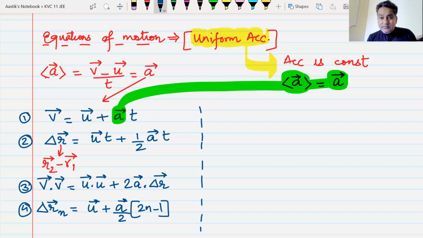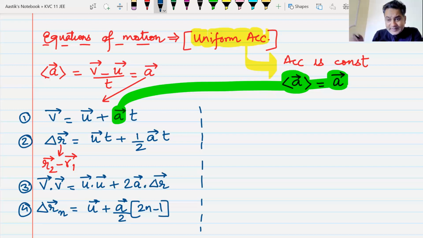But if it is motion in two dimensions, I will have to write two separate equations, one along x-axis and one along y-axis. If it is motion in three dimensions, then I will have to write three sets of equations, one along x, one along y, and one along z-axis. Do we understand this? That is the small thing that you have to understand.